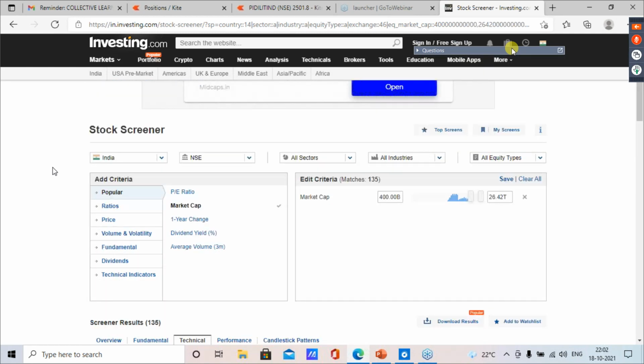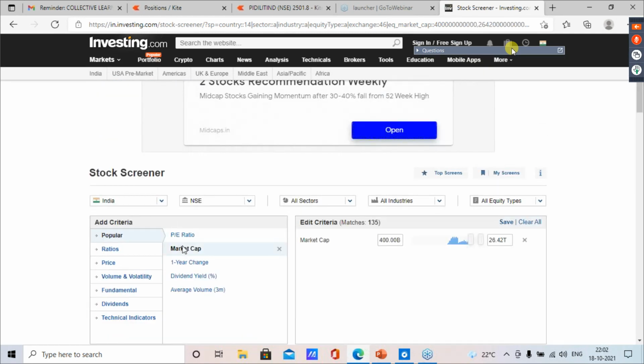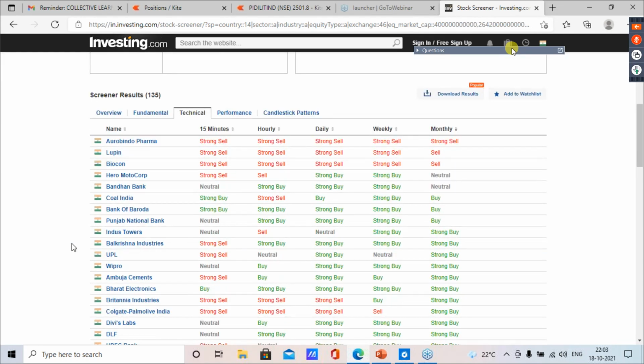See, once you come to this screener, click on market cap. Okay, I'm just repeating the market cap selection. If you click on this market cap, enter the value 400B. You need to type 400B. Once you type 400B, click enter. Then it will choose all those stocks whose net worth is 400 billion. Okay.